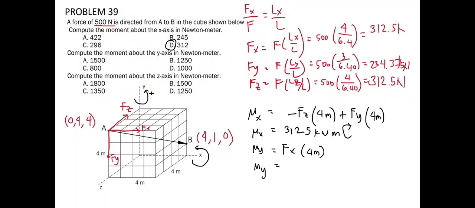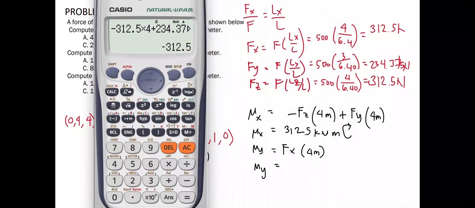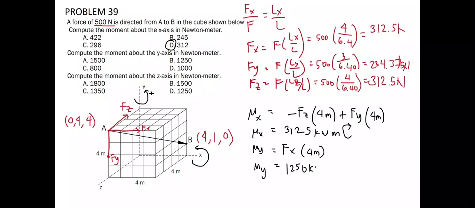So My is equal to Fx with a value of 312.5 newtons times 4 meters, equal to 1250 newton meter. That is letter B.